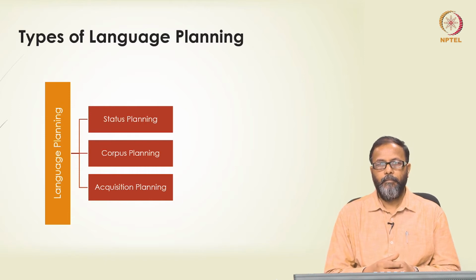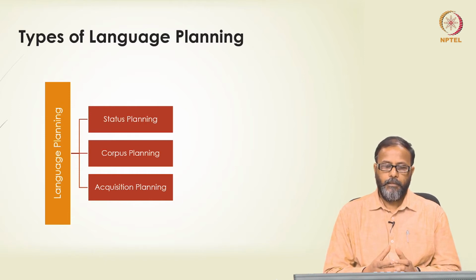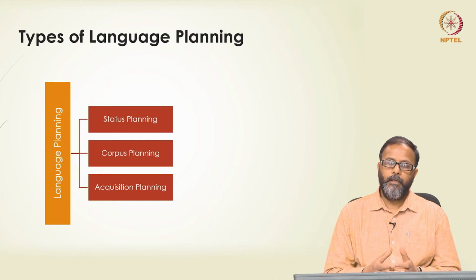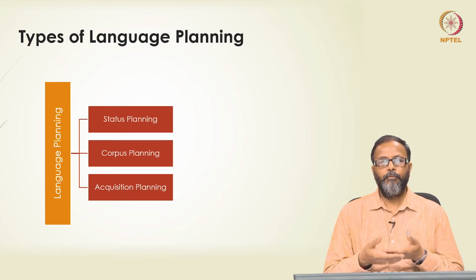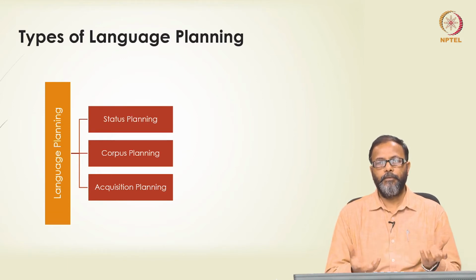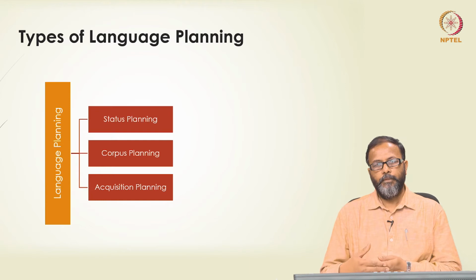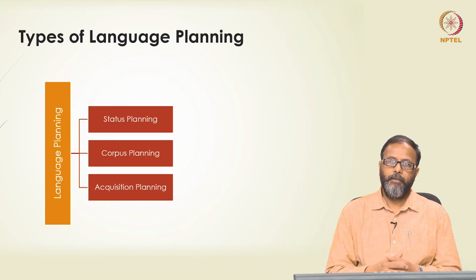First is status planning, where we assign a prestige value to a particular variety, and in quotes, improve the status, extend the domains of use by different initiatives. Then we move to the second stage, where we have corpus planning.